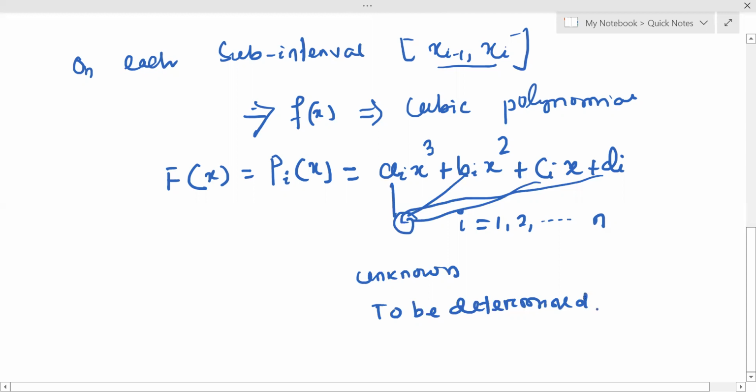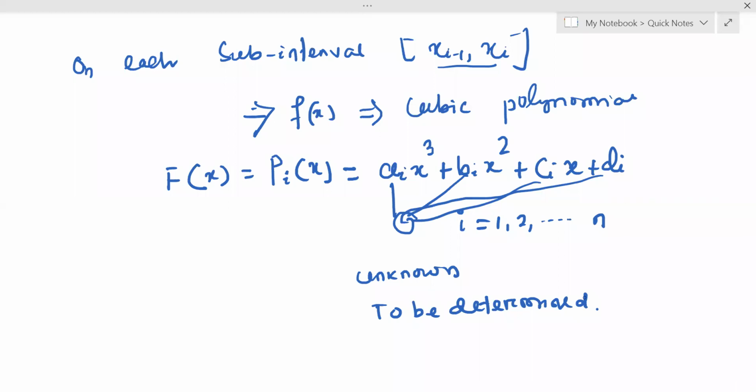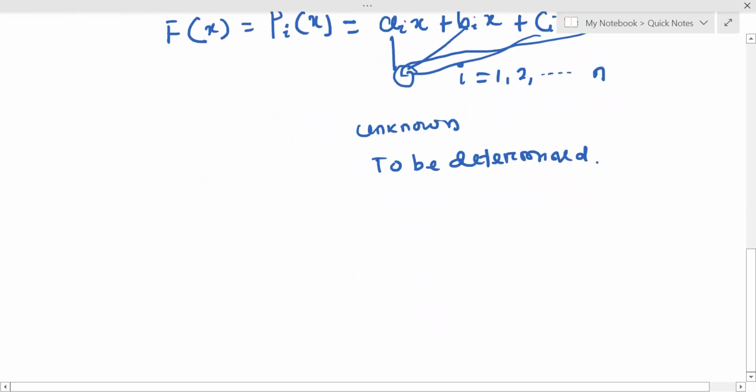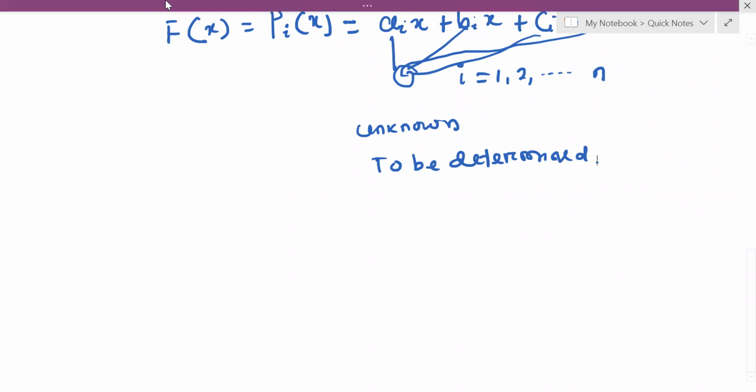Using the continuity property of capital Fx, capital F dash x, and capital F double dash x, some equations of continuity we have considered here for the solution of this problem.